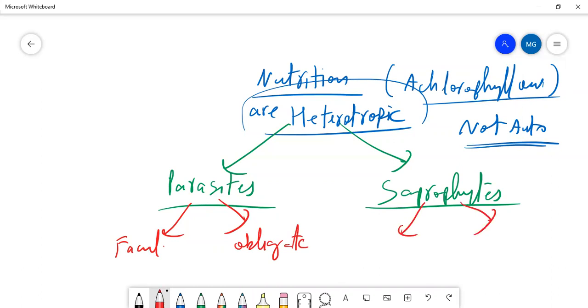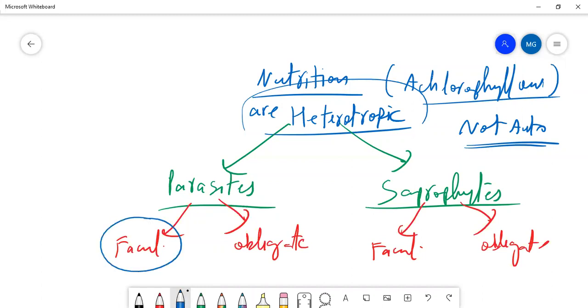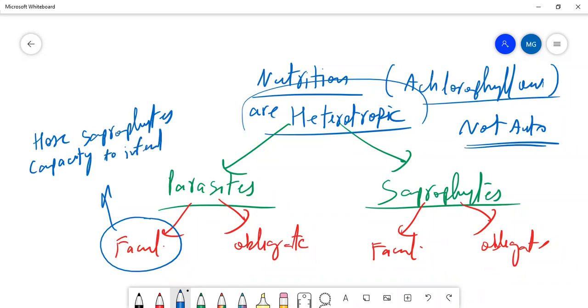Similarly, saprophytes are of two types, facultative or obligate. Remember, facultative parasites are those saprophytes which have the capacity to infect or grow on living plants or animals.